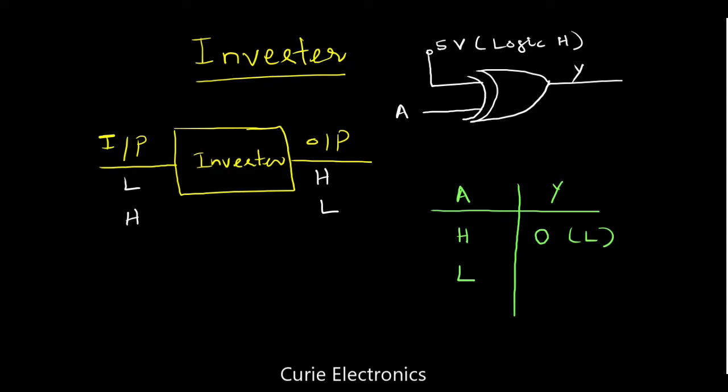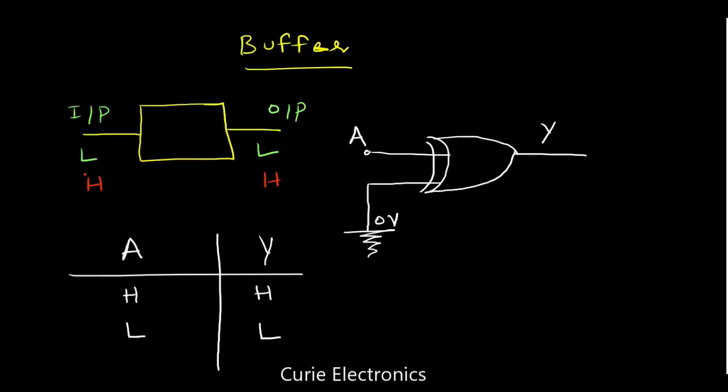So we will get 5 volt, or you can say it is high. So what you are getting is an inverted signal at the output. So this is how you use XOR gate as inverter and XOR gate as buffer.